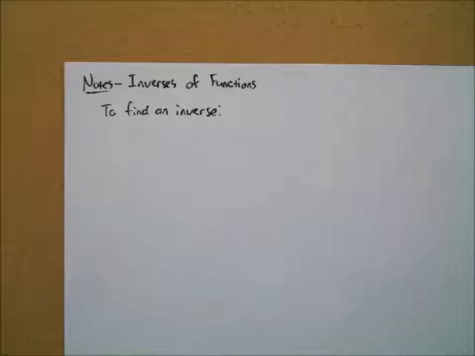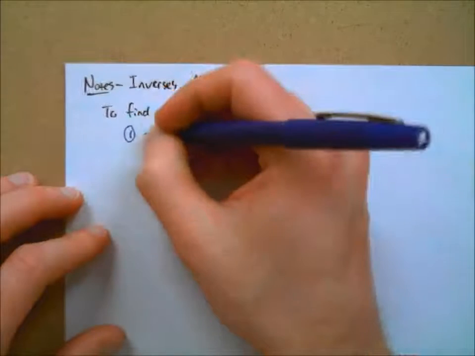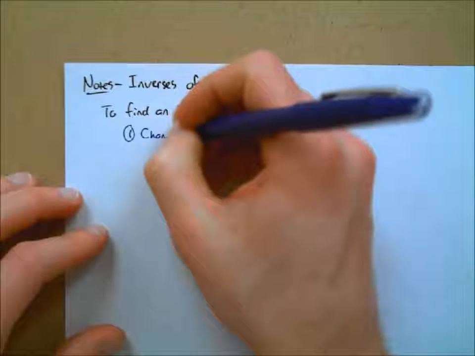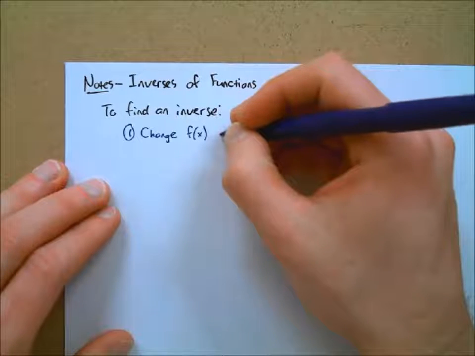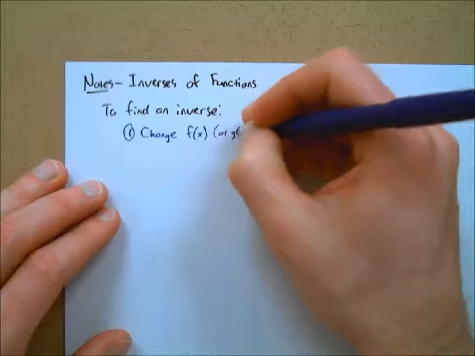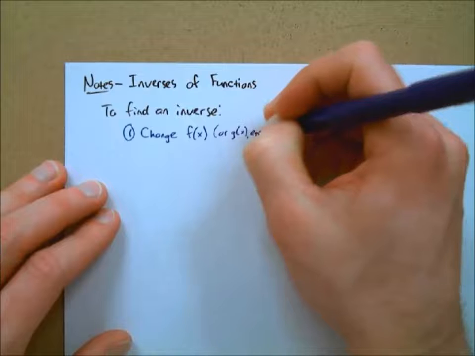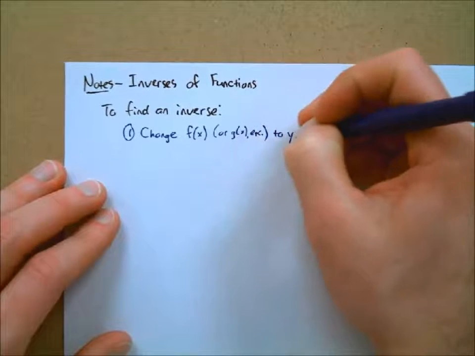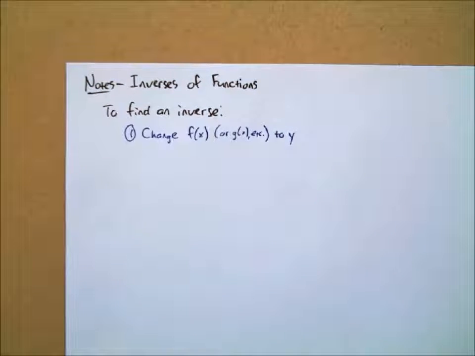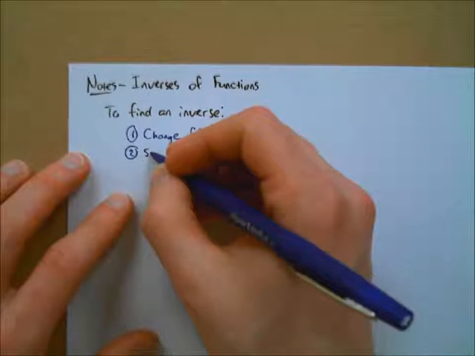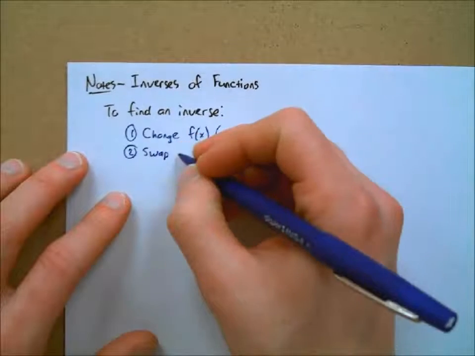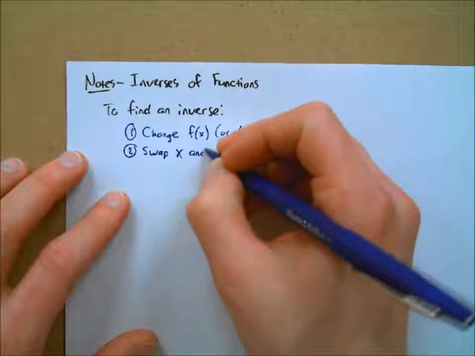So to find an inverse, step one, we're going to change f of x or g of x, etc., to y. Then we will swap the x and y variables.